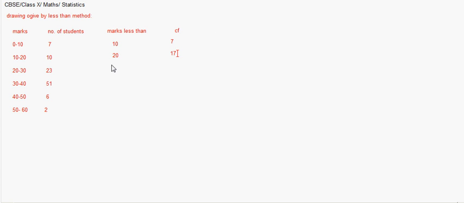If the marks are less than 30, it will be 17 plus 23, that is 40. Less than 40 will be 40 plus 51, that is 91. Less than 50 will then be 91 plus 6, that is 97. And less than 60 will be 97 plus 2 or 3. This is 3.